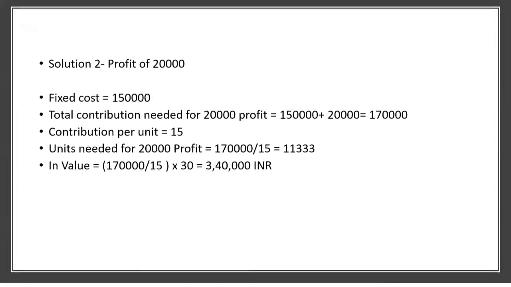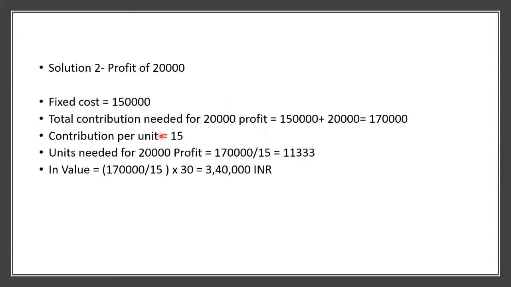So if you look at how that relationship came into the picture, we know the contribution per unit, we know the fixed cost of 1,50,000, and then there is an ask of making 20,000 profit. We know total contribution we make is fixed cost plus profit we need. So we did exactly that: we added the additional contribution needed for making profit to the fixed cost, and then we arrived at 1,70,000.